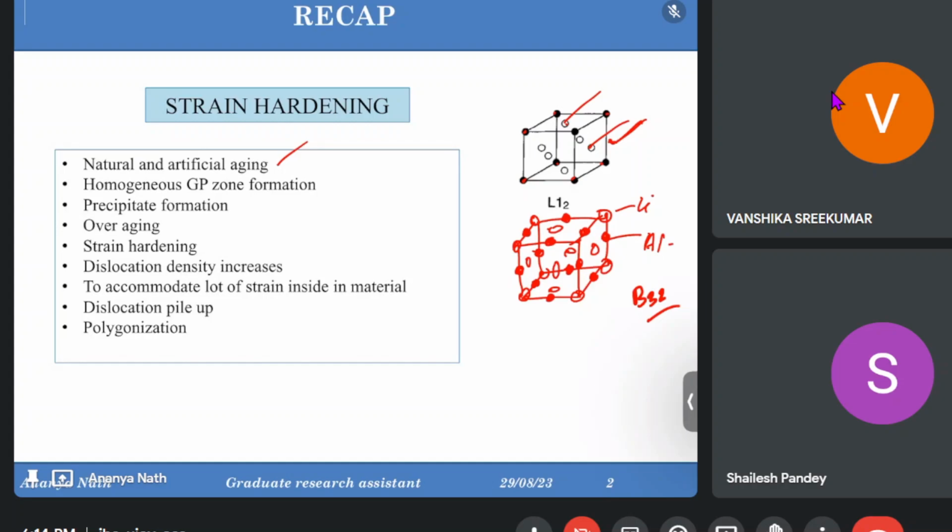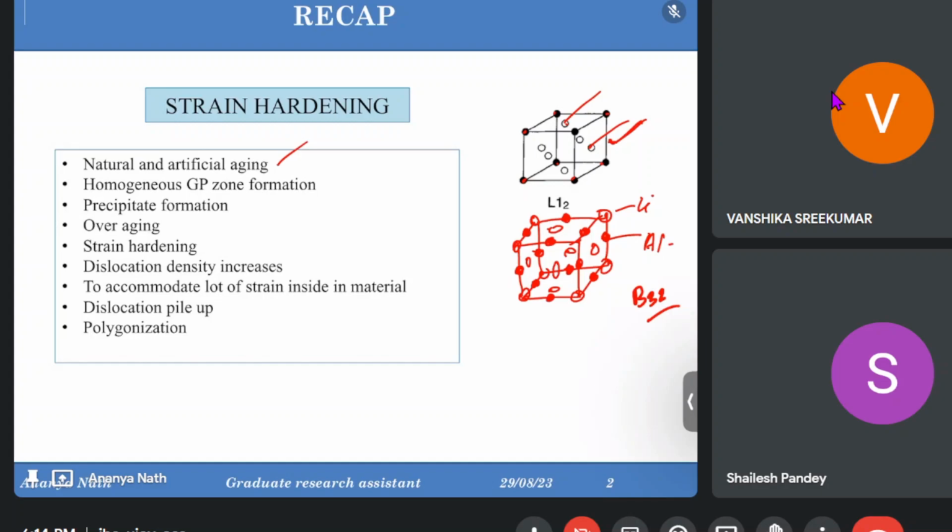This is why the formation of GP zones is more or less homogeneous. Then the sequence of GP, theta double prime, theta prime, theta was prominent, but at the same time it was taking longer to get that strength. That is why for artificial aging, we get the peak hardness.